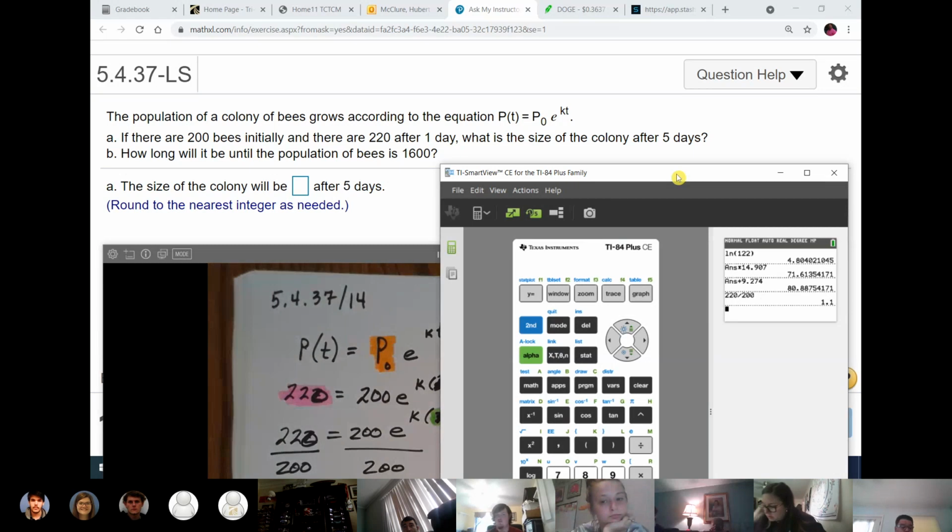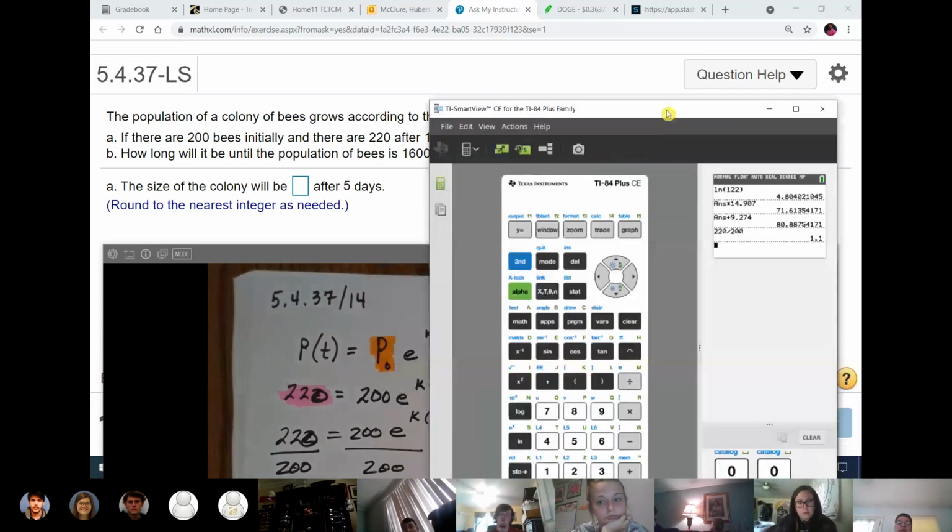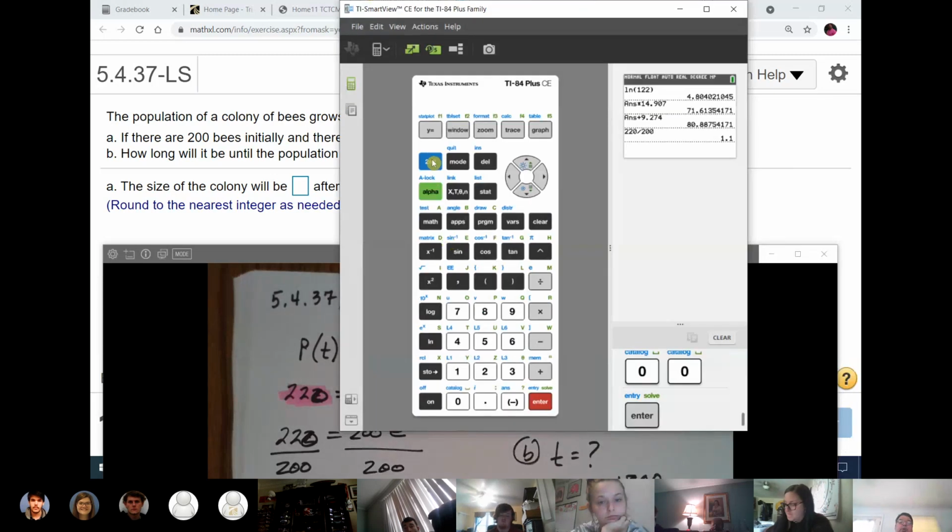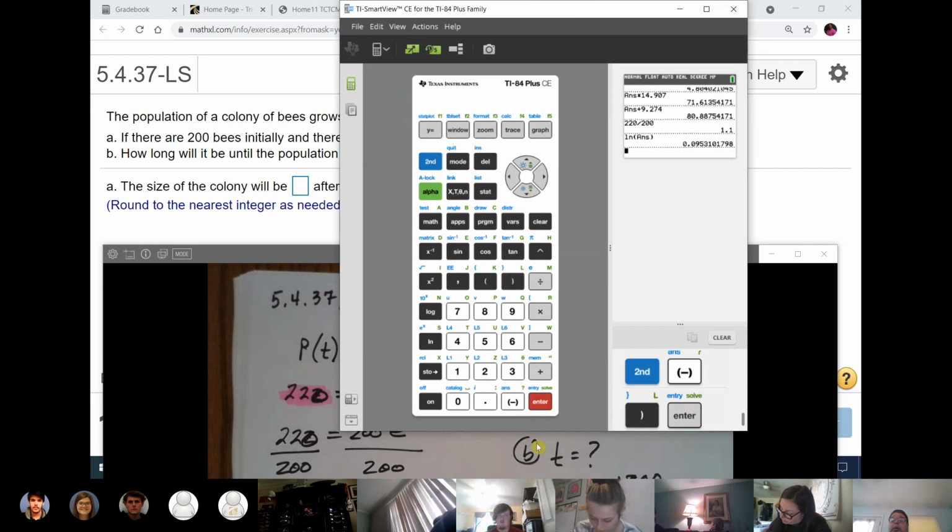Okay. So that would be natural log of 1.1. So somebody take the natural log of 1.1. Natural log, second answer, close parentheses. I get 0.0953102.